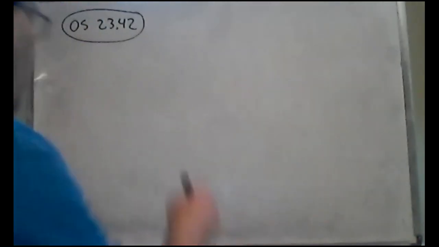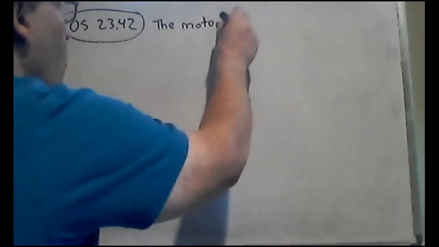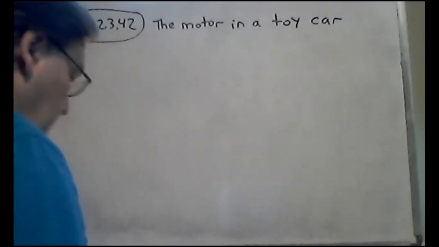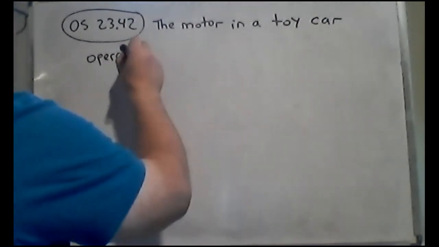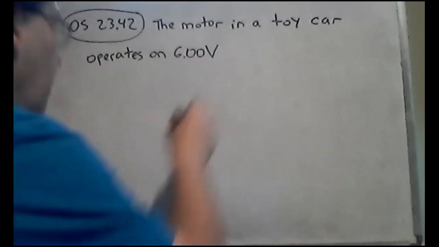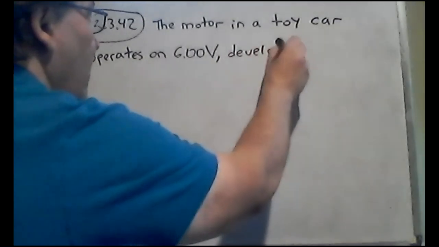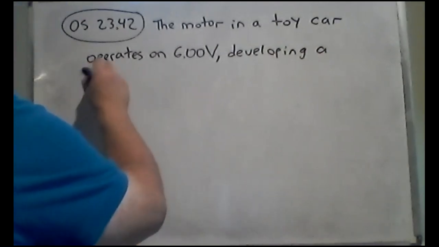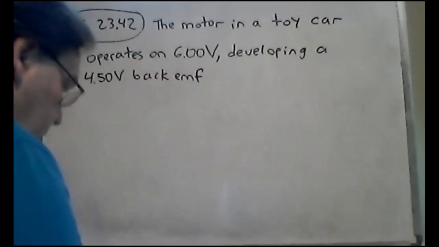The motor in a toy car operates at 6.00 volts, and that would be its epsilon. It develops a 4.50 volt back EMF at normal speed.